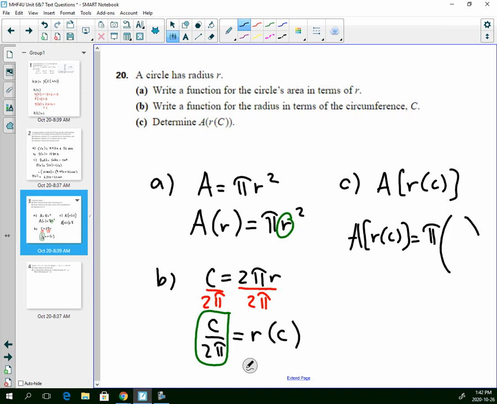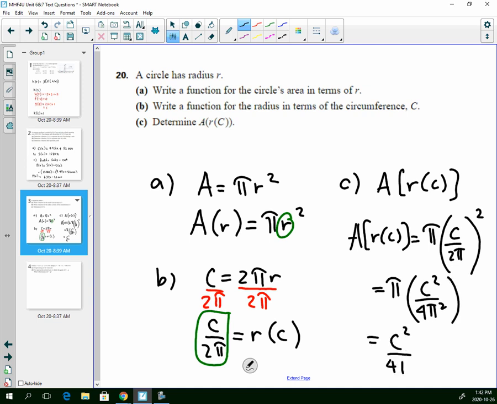Instead of radius, we're going to put r of c, so c over 2 pi, and then square it. So that's similar to the question we did earlier, except we had to isolate this time for r because it was given the circumference. Okay, so those are just some typical questions on composition or combining.